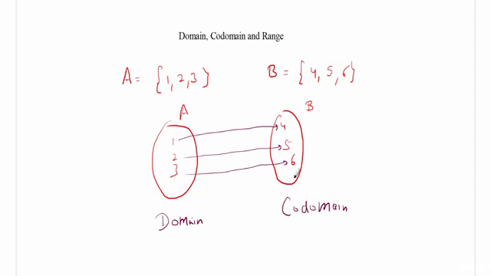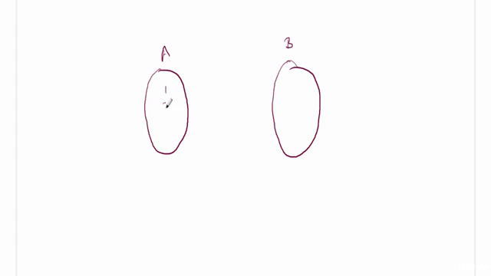Similarly, we also learned that it doesn't matter whether all the elements of set B are paired or not. For example, this was A, this was B, 1, 2, 3, 4, 5, 6. Let's say 1 was mapped to 4, 2 was mapped to 5 and 3 was also mapped to 5.